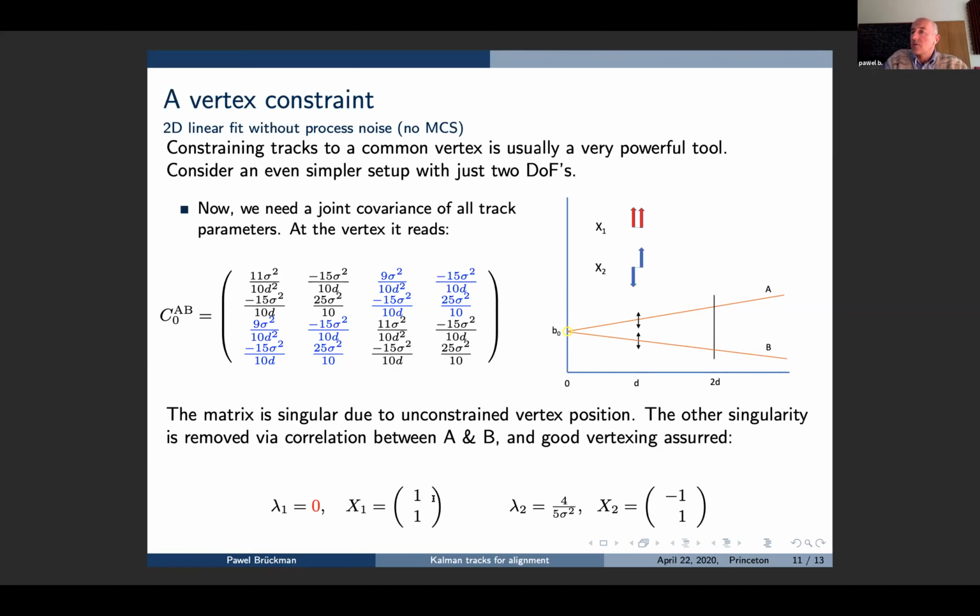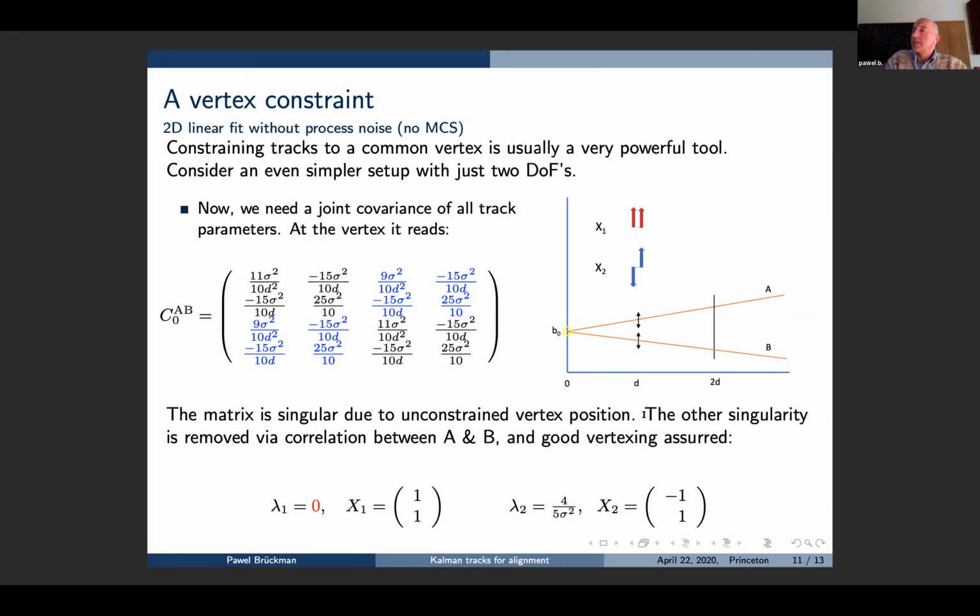So the one which is singular is the common motion or shift up and down of these measurement layers, which do not actually distort to first order the vertex. And the second one is well constrained, so actually the distance between them is fixed.